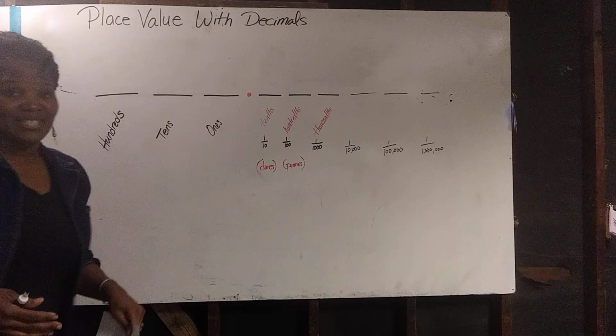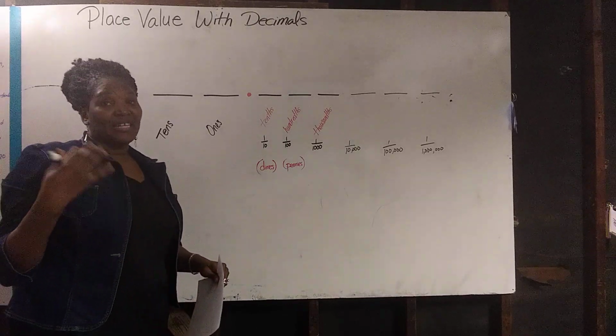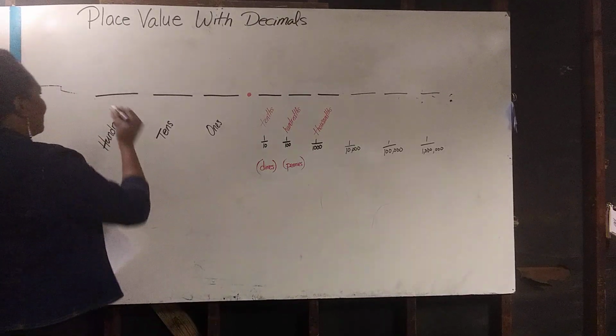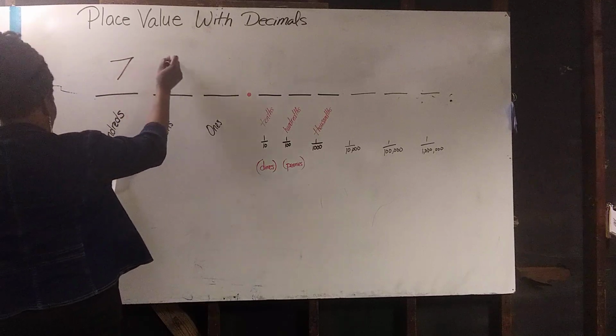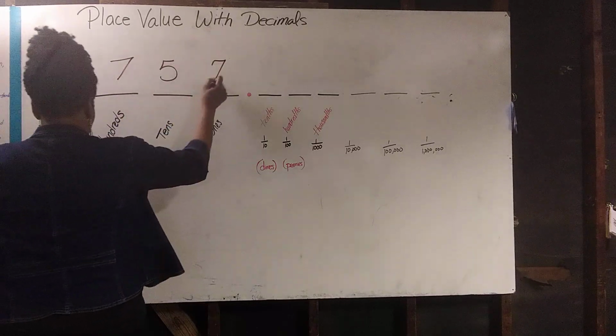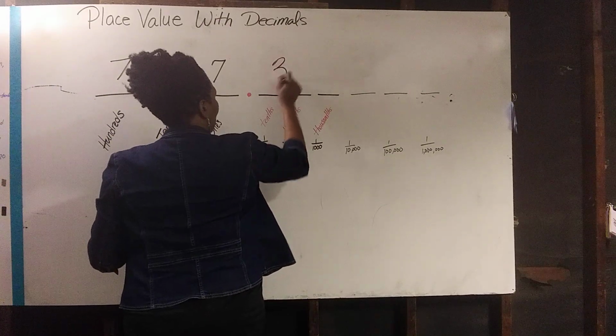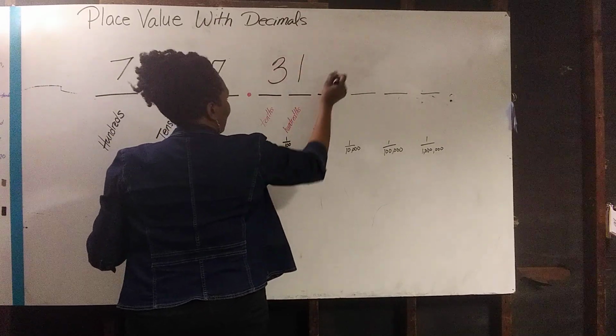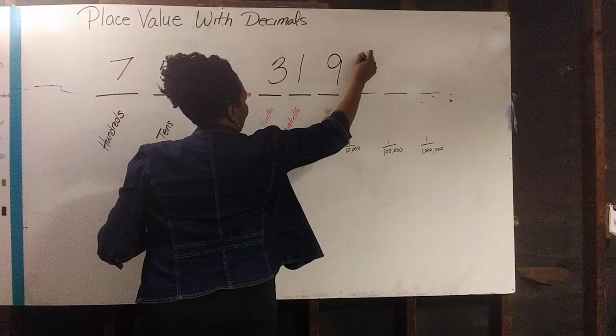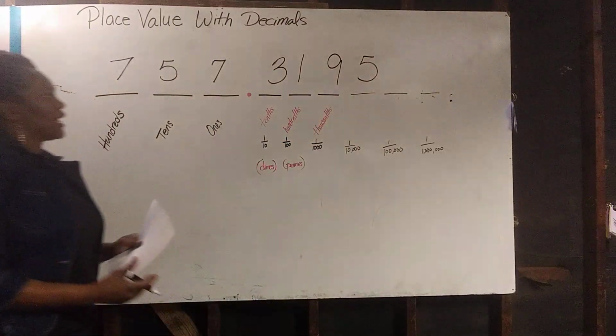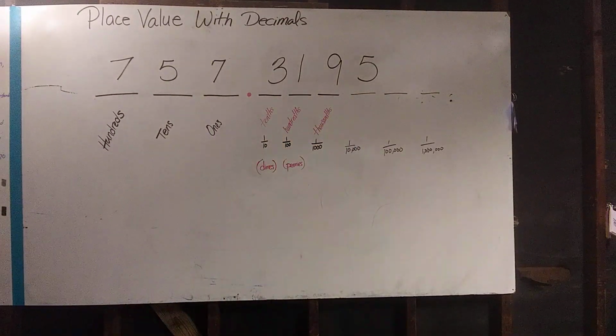Let's do our first number. We're just going to say this number and identify the different place values in it. We have 757 and 0.3195. You may say, Miss Wilson, I don't know how to say that number.